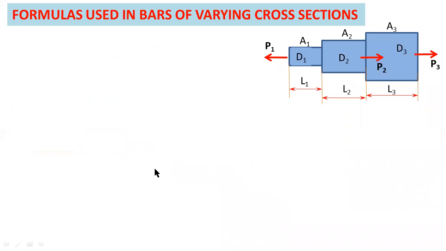Before going to the problems, first of all, you have to know the formulas for bars of varying cross sections. This is an example problem. This bar consists of three different diameters: D1, D2, D3. So I consider these three as three sections.